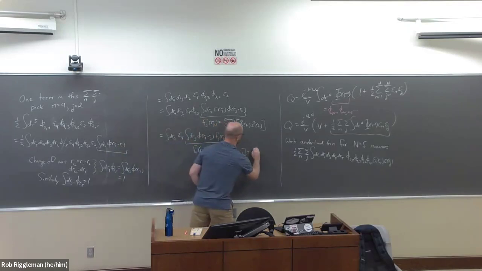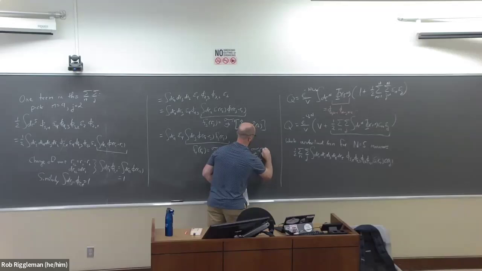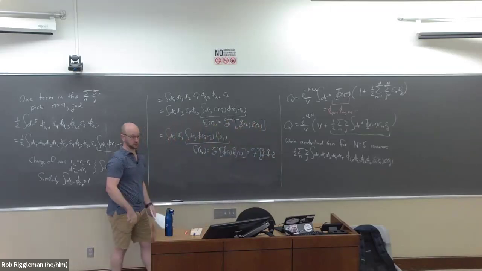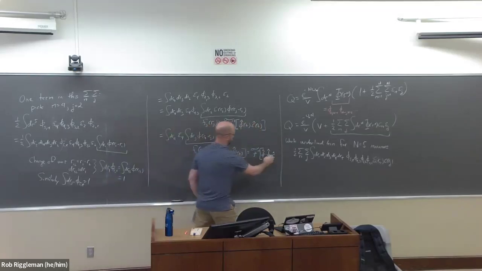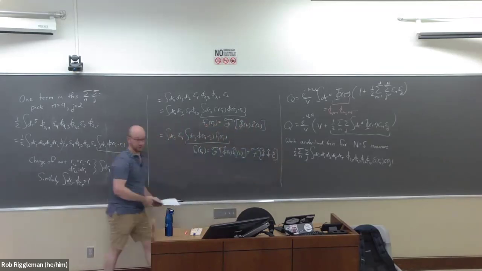And so we can write this again as the inverse transform of phi hat times phi hat times epsilon hat. And all of those depend on k, I'm just not writing it out.